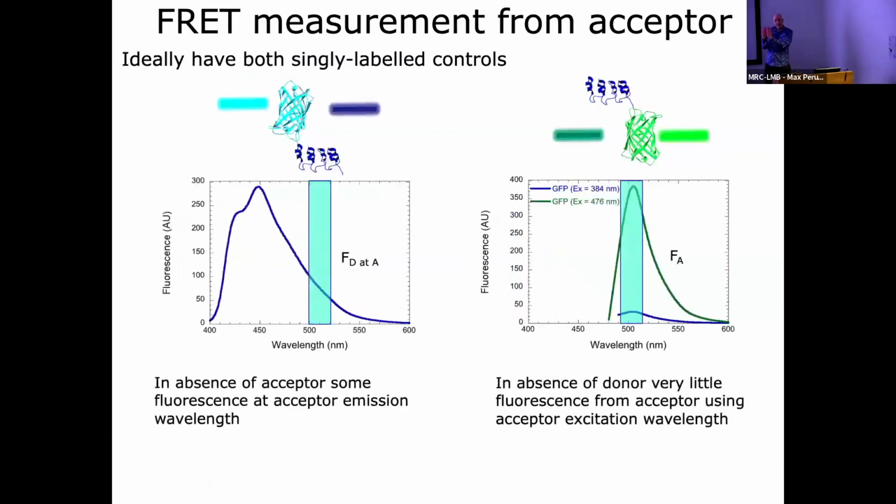If you do it from the acceptor side, then this becomes a bit more complicated, because you might have fluorescence of the donor at the acceptor wavelength, and also with the acceptor, even though you're exciting at the donor wavelength, which is far away from its normal one, you may get a little bit of fluorescence coming off. It's only a little, but it's still significant. So you need to take account of that.